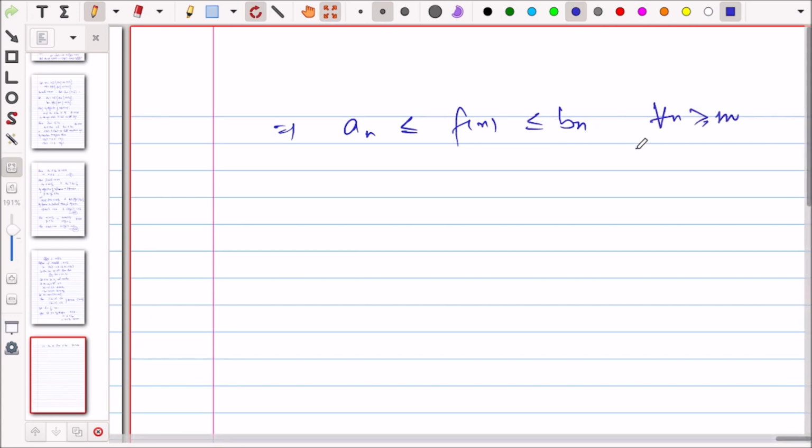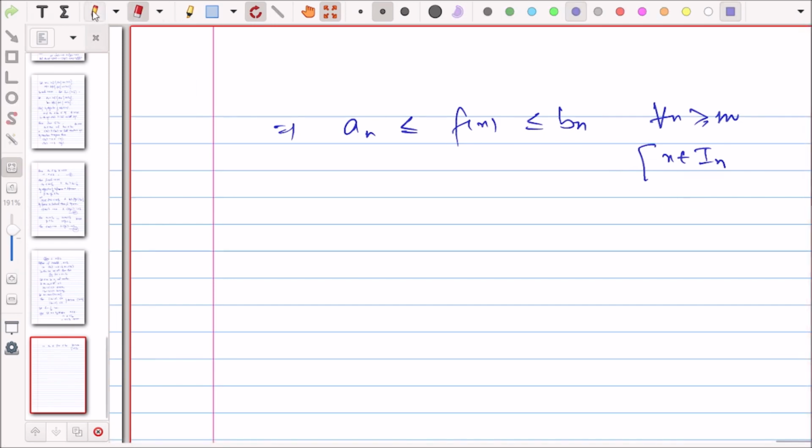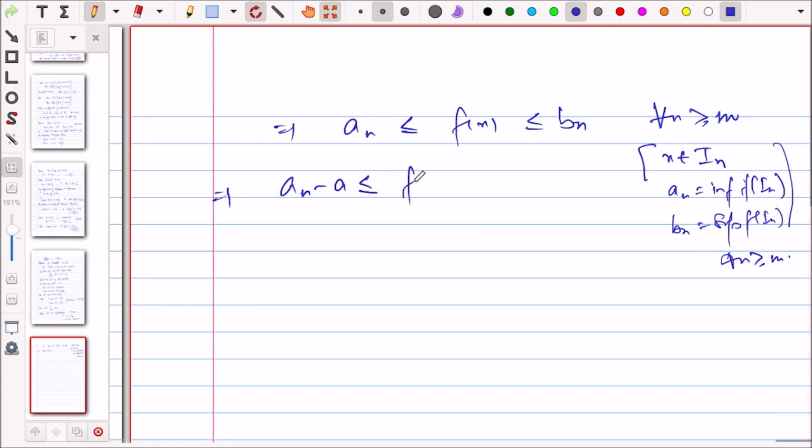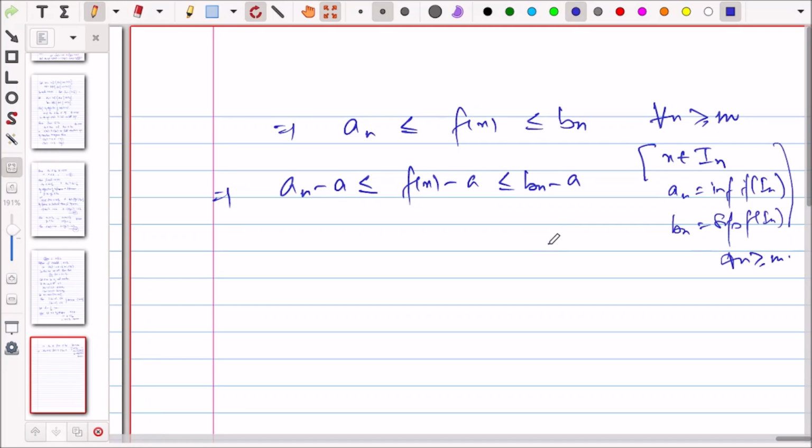Because x belongs to In, and alpha n is the infimum of f of In and bn is the supremum of f of In. Now we subtract a from all sides. So an minus a is less than or equal to fx minus a is less than or equal to bn minus a for all n.